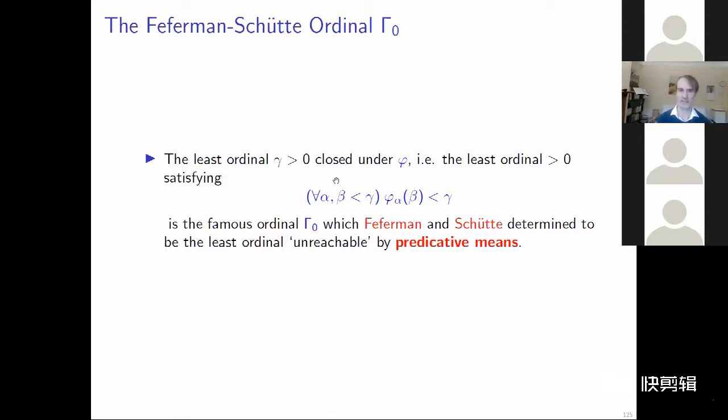So gamma 0 is the ordinal below which you have unique phi notations. Another way of saying it is that it's the least ordinal gamma bigger than 0 such that if you take ordinals alpha, beta less than gamma, and build this phi term, this phi ordinal, it's still less than gamma.